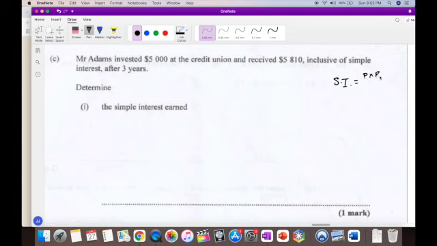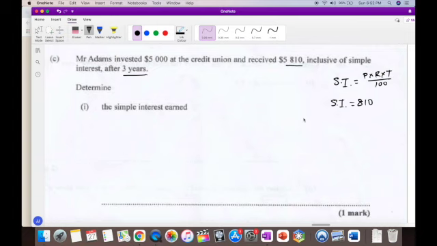Principal by rate by time over 100, right? So we could see here that after 3 years, he received $5,810. So therefore, his interest is $810 over 3 years, right?